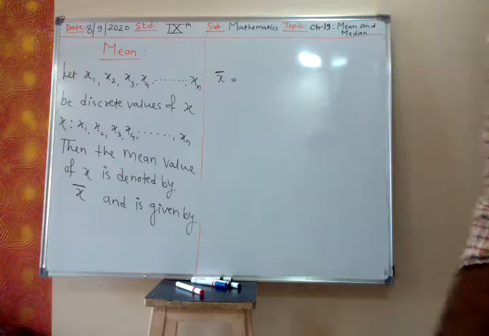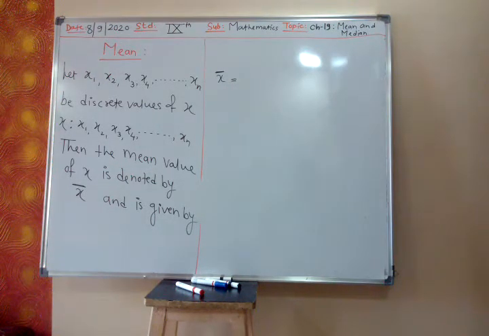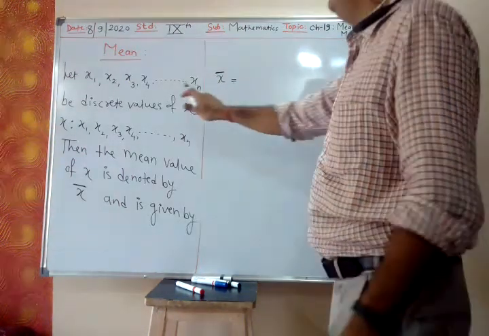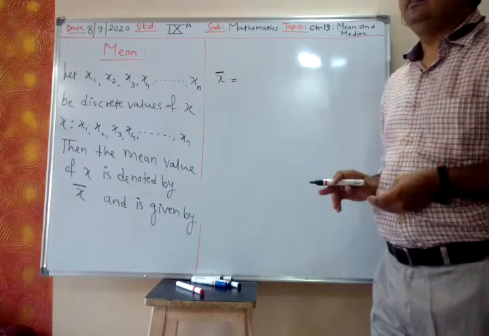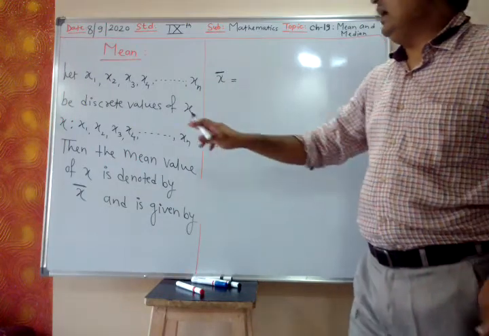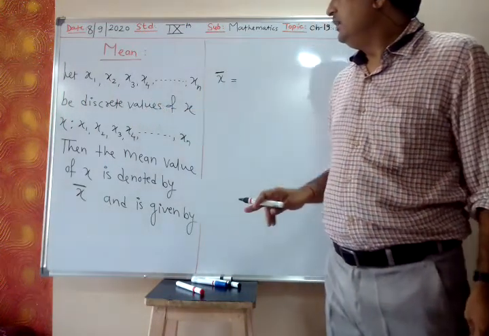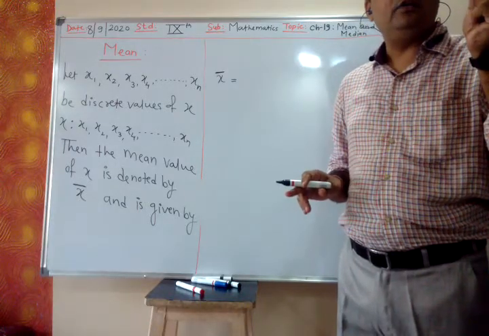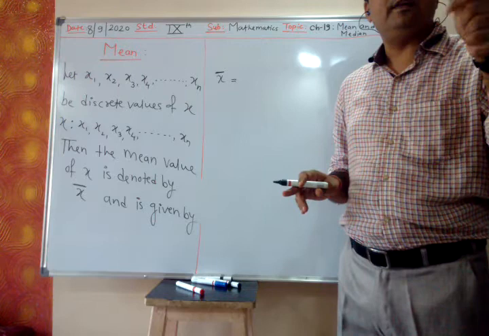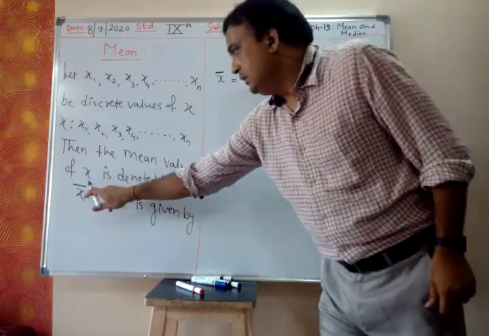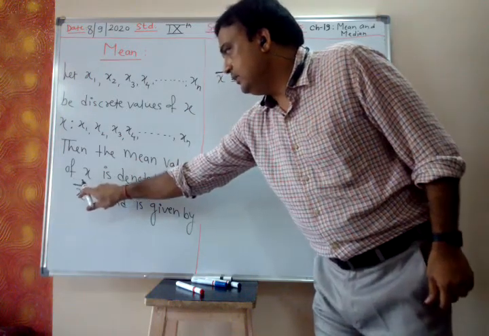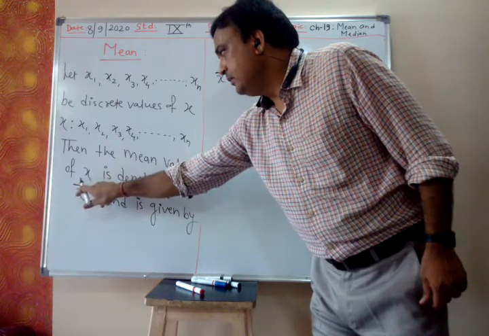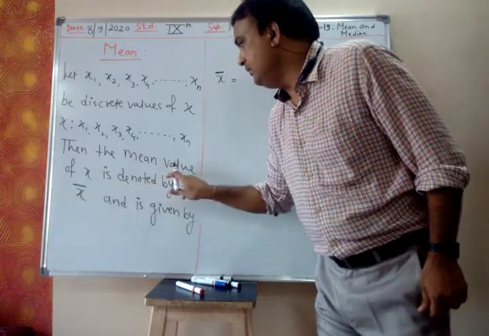That horizontal line, which we read as bar, denotes that it is the mean value.